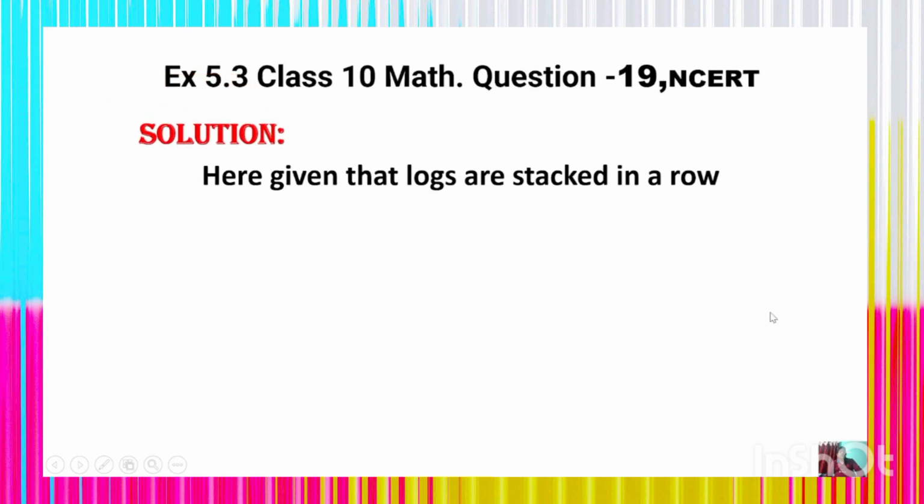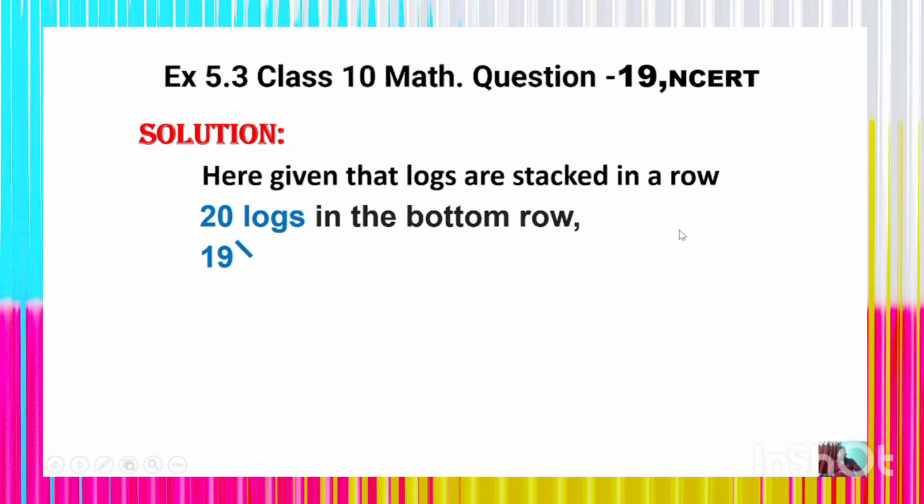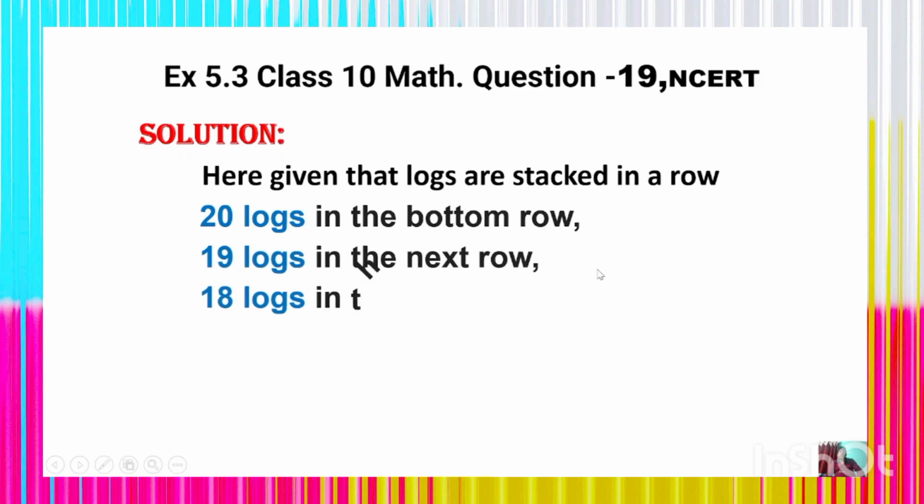Look at the solution. Here it is given that logs are stacked in rows, 20 logs in the bottom row, 19 logs in the next row, 18 logs in the next row to it, and so on. It means the logs are arranged in a definite pattern, which is an important aspect of arithmetic progression, patterns.